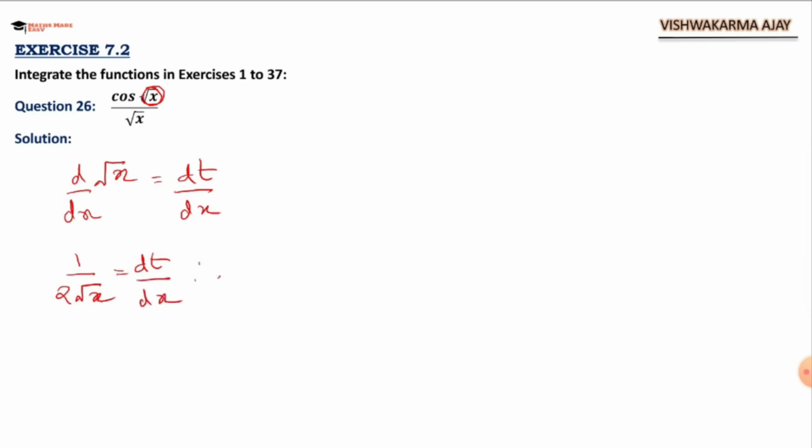So finally we got the value of dx upon root x as 2 dt. This 2 I will shift to the other side. So in our question, dx upon root x, I can write 2 dt and cos of root x, cos of t.